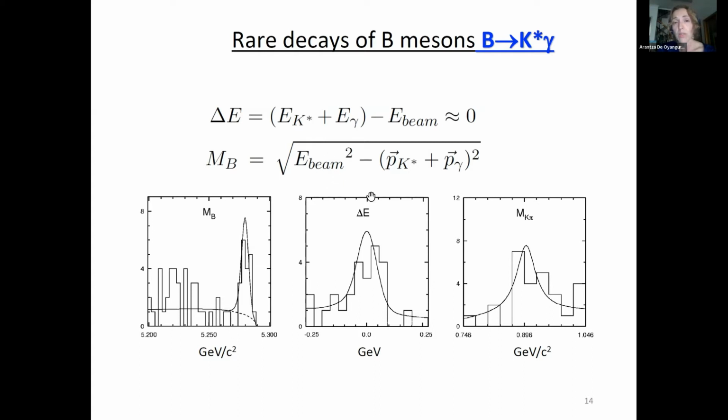You know the energy of the beam, and then you know the K* and the photon momentum, and then you are expecting that this is peaking around the beam mass. Apart, of course, from the mass of the K*, which is decaying into a kaon and a pion. Okay, so these are the kinds of variables that are usually used at the B factories. I'm sure that Karim will talk more about it.